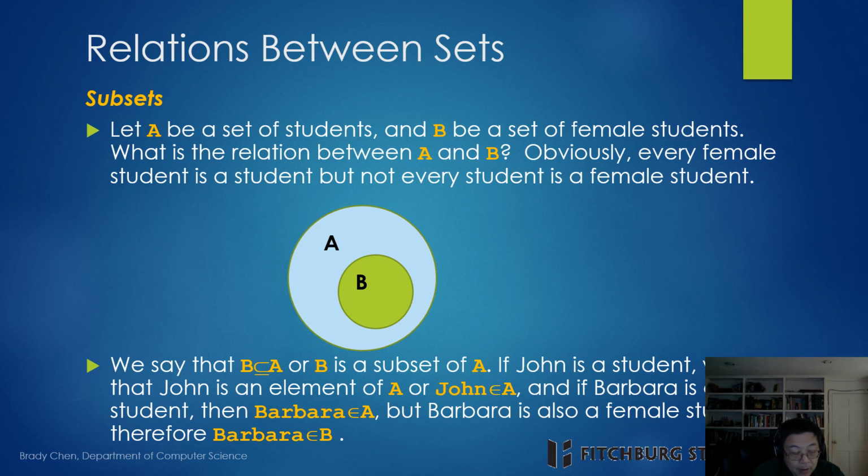If you use a diagram, we can use two circles to describe two sets. We can define A as the big circle, which may contain a whole bunch of elements. These elements are students.